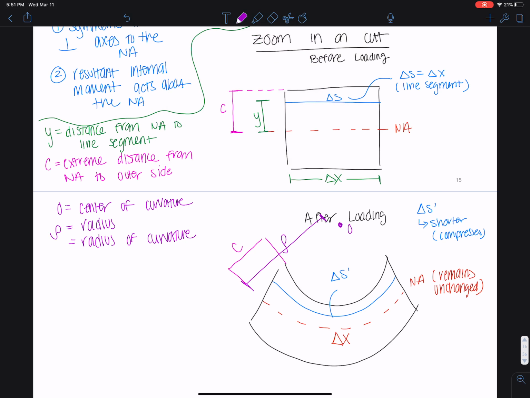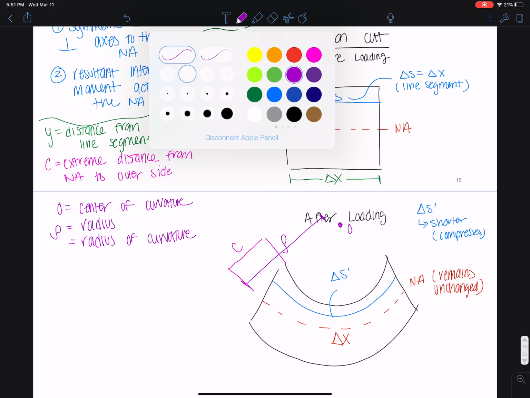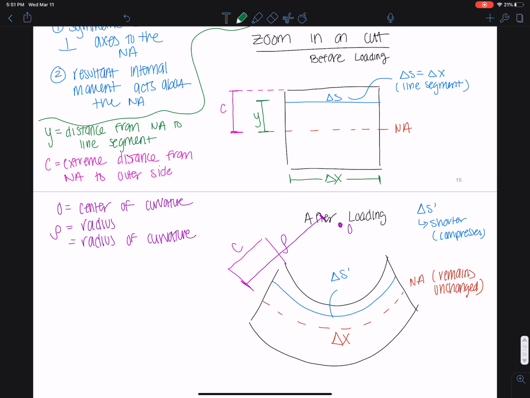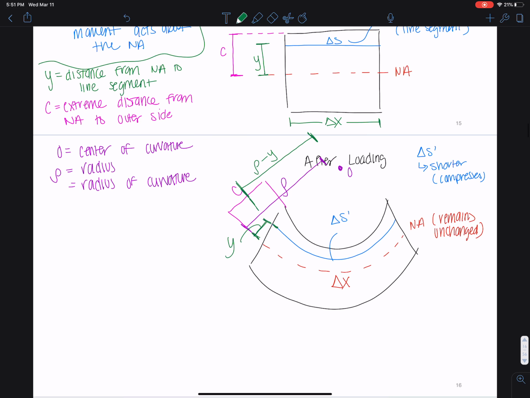And then again, we can still define y, which would just be from here to here. This is our y, that distance y. And if we wanted to define rho minus y, the distance from the center of curvature to that arbitrary line segment, the blue one, this would just be that whole length, rho minus y. And this is after loading.